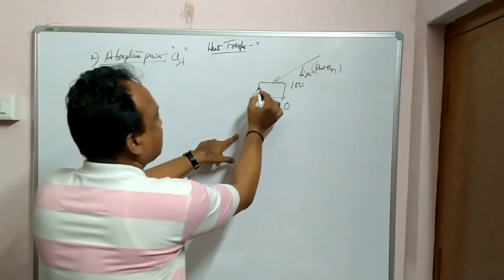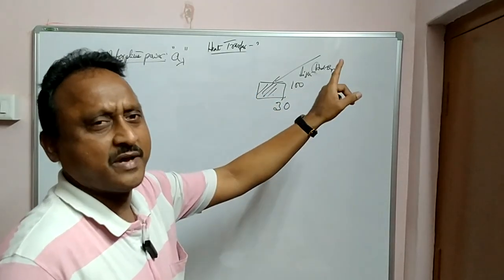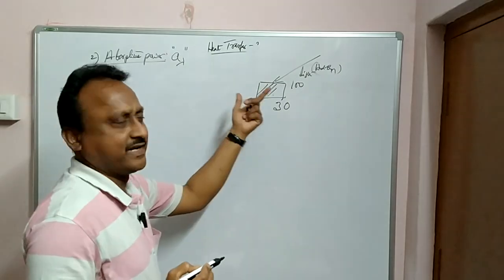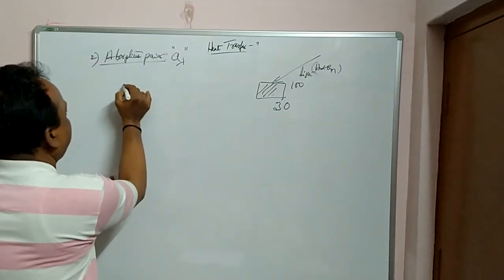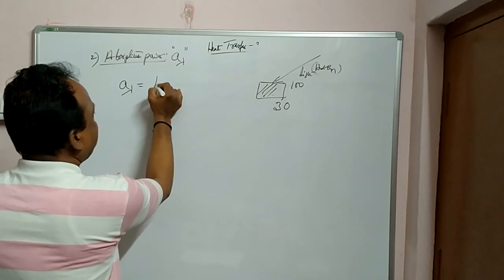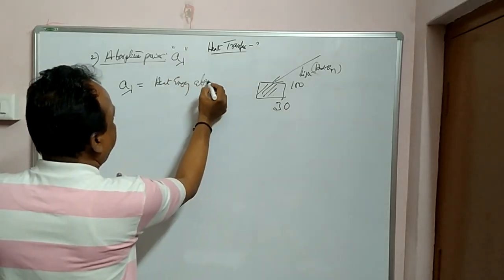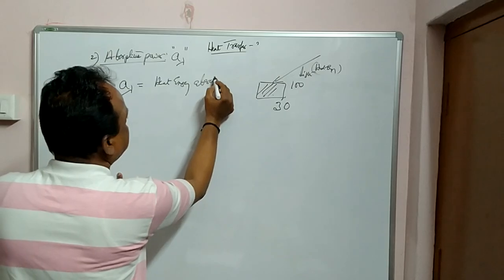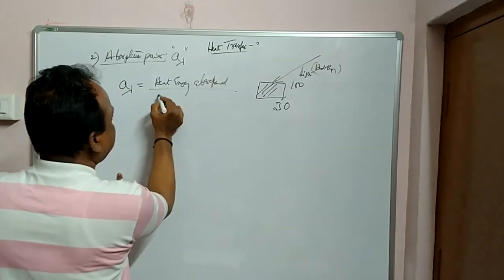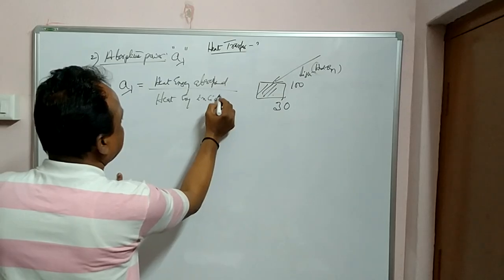So for example, this is a body. Let the incident heat energy be 100. Let the absorption be 30. Now how will you define absorptive power? Absorptive power of a body can be defined as heat energy absorbed by heat energy incident.